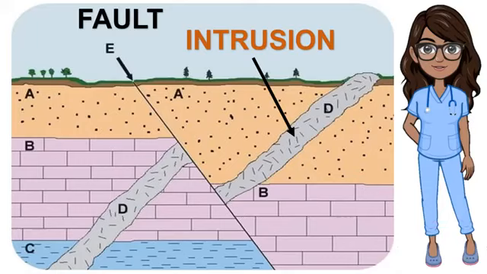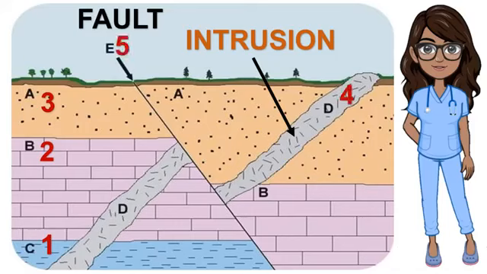The full sequence of events is: first, layer C formed. Second, layer B formed. Third, layer A formed. Fourth, after layers A, B, and C were present, intrusion D cut across all three.